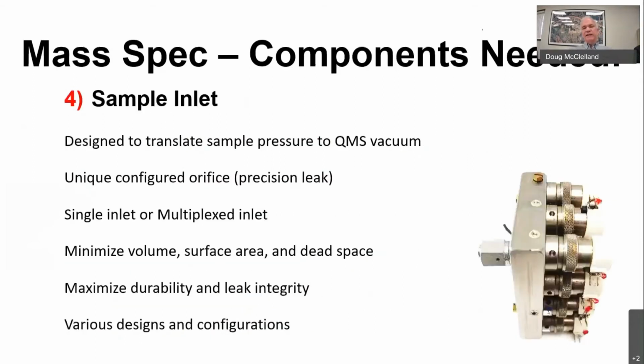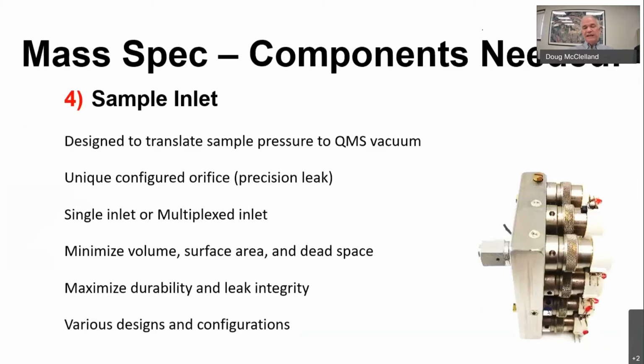Now the sample inlet, this is where we really find the most efficiency in getting your sample integrated in quickly, sampled quickly, efficiently, and accurately. The sample inlet translates the sample from the source into the mass spec sample chamber.